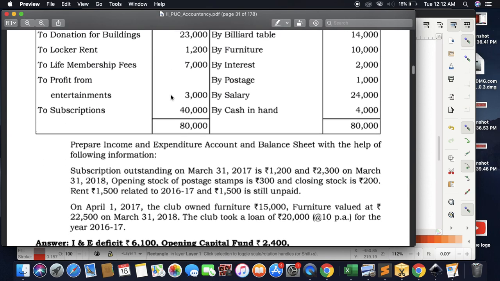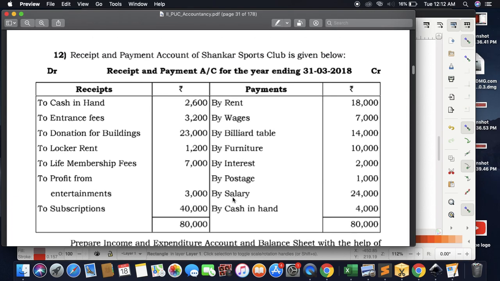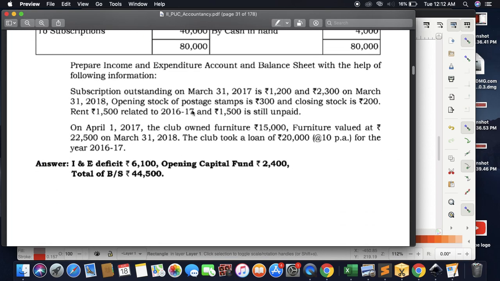Let's see any other example. Donation for buildings, entrance fees. In this case, the entrance fees and donations, and donation for buildings, are not mentioned over here for capitalization.